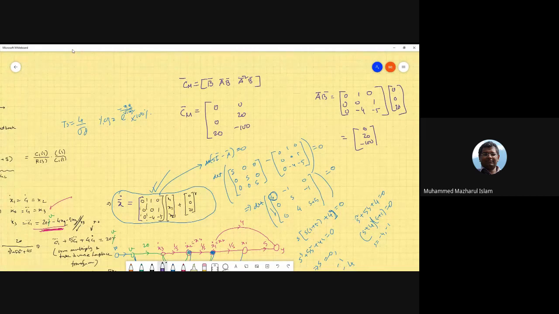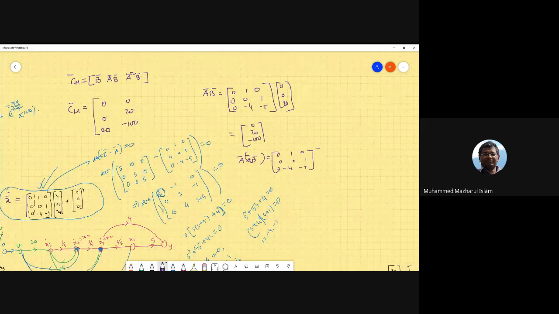What about A squared? You have to square A, each element. You have to multiply A by A. So you can be really clever and multiply like this: 0, 1, 0, 0, 0, 1, 0, minus 4, minus 5.